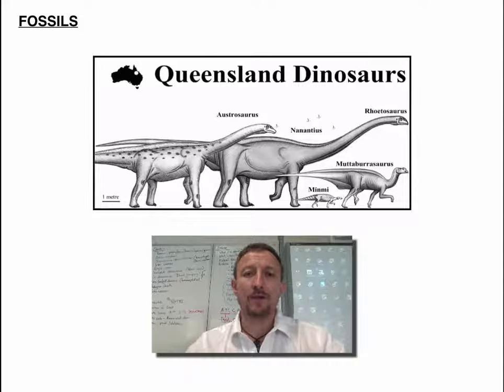Now as we know, fossils are basically bones which have been the remnants of a plant or an organism, an animal, which died in a specific area, and as a result the bones turned into rock.